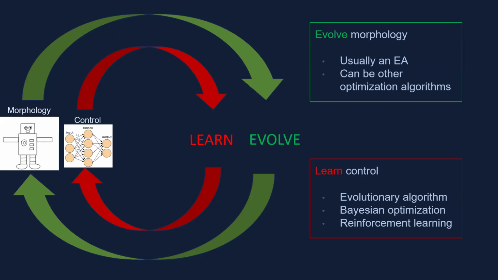Evolving the morphology is usually done with an evolutionary algorithm. It can be other optimization algorithms, but it's usually an evolutionary algorithm, and then the lifetime learning algorithm for the control of the robots can also be an evolutionary algorithm. Other famous methods are using Bayesian optimization or reinforcement learning.